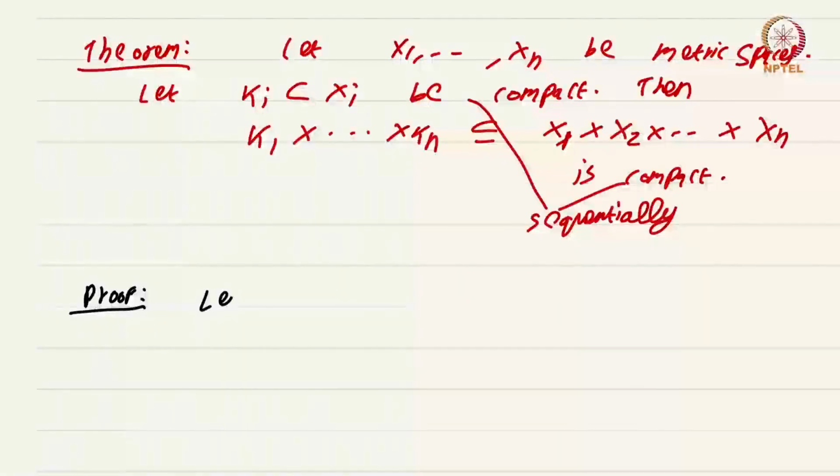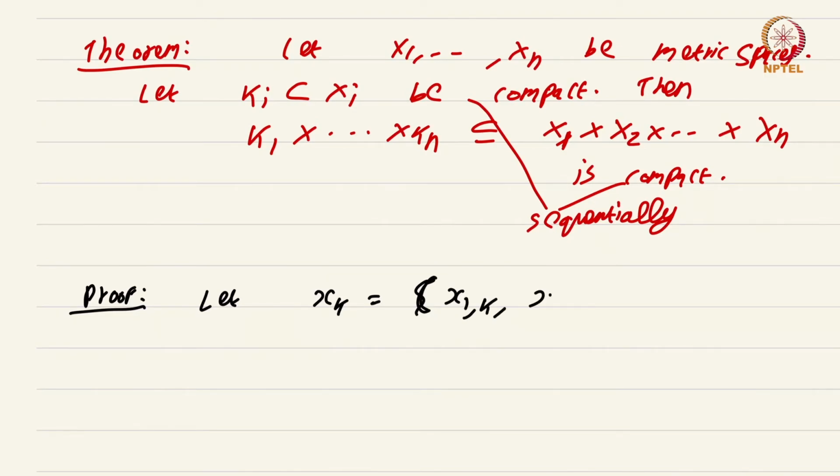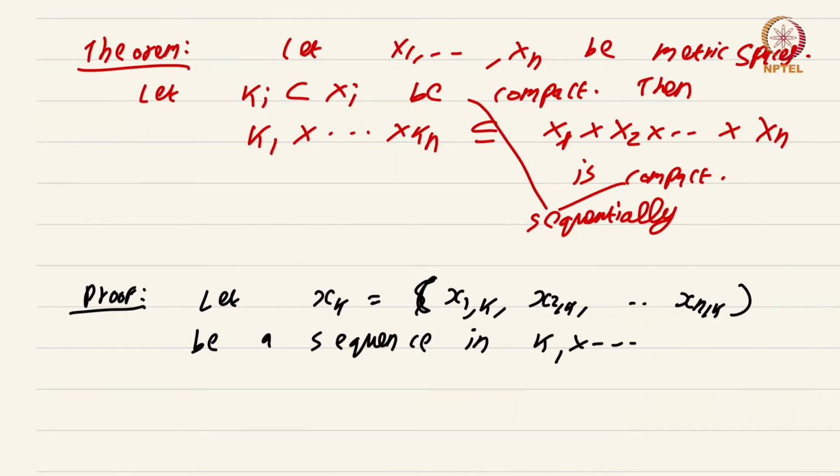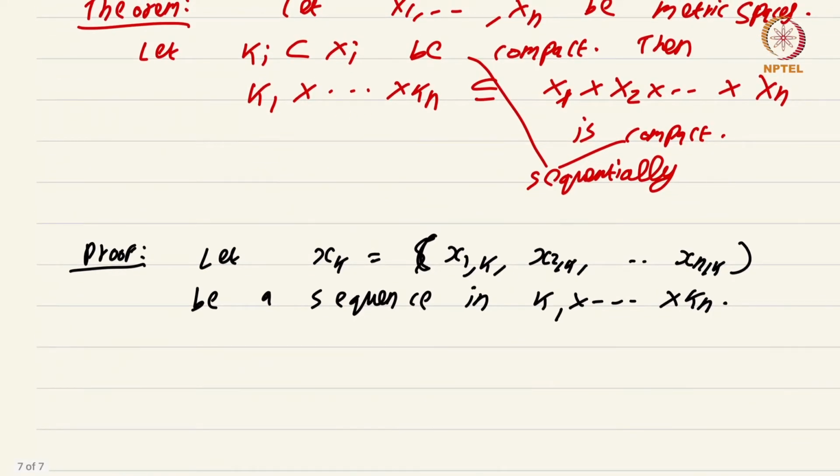So let x^k = (x_1^k, x_2^k, ..., x_n^k) be a sequence in K_1 × ... × K_n. Now x_1^k is therefore not just in X_1, it's there in K_1. So (x_1^k) is a sequence in K_1, right?